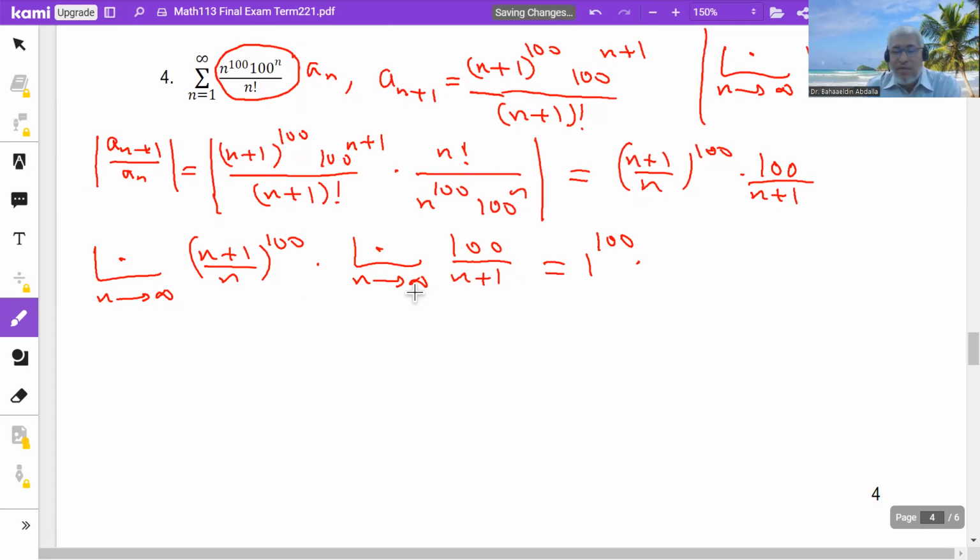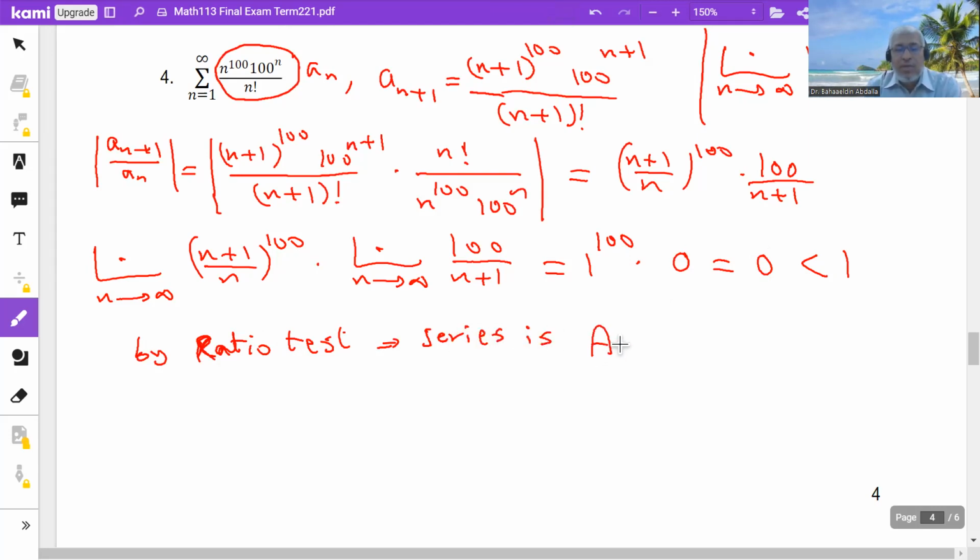And the limit here, if n goes to infinity, 100 over infinity. Infinity plus 1 is infinity, 100 over infinity is 0. 1 to the power 100 is 1, 1 times 0 is 0. It is less than 1. So by ratio test, the series is absolutely convergent.